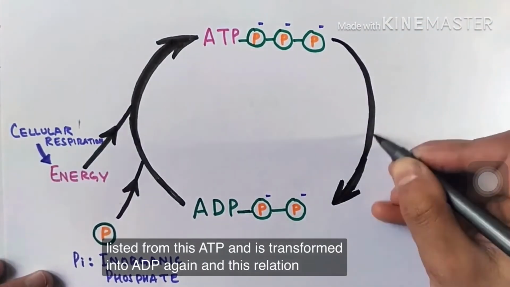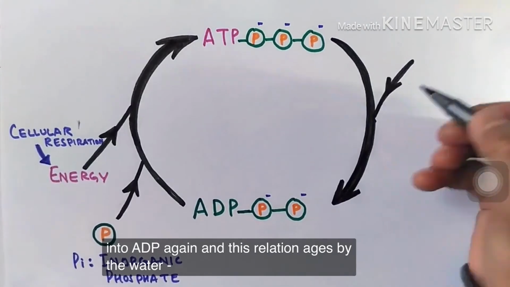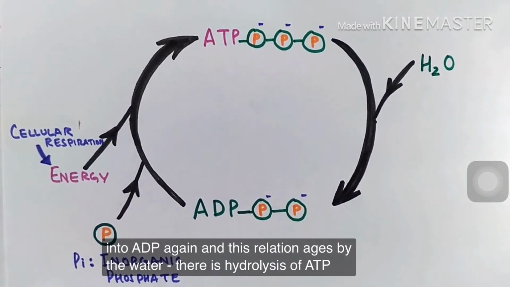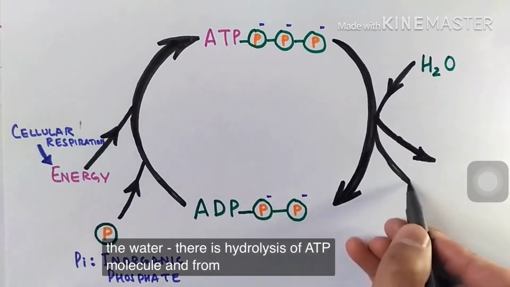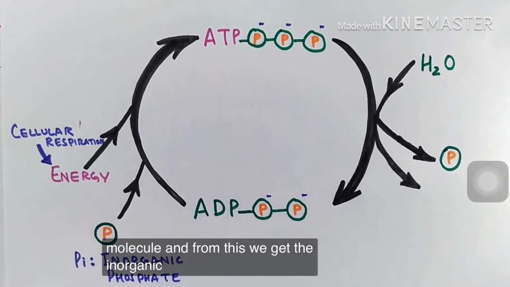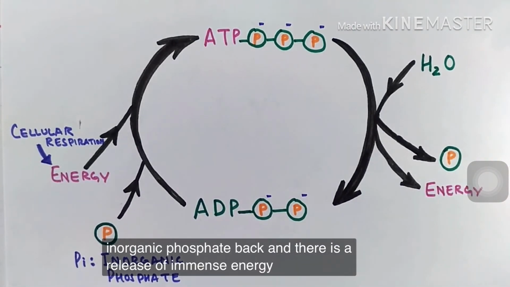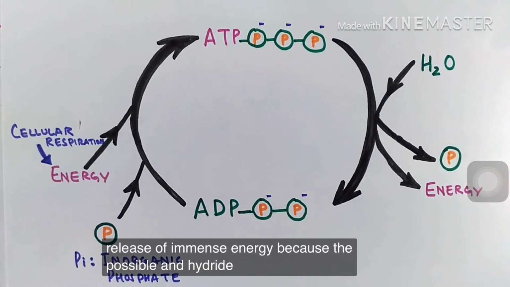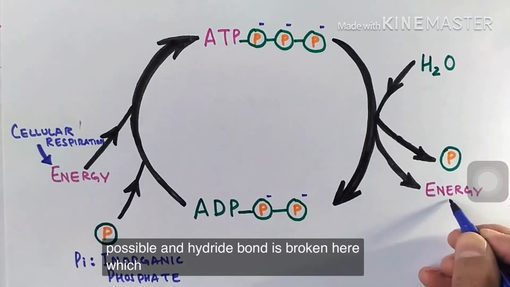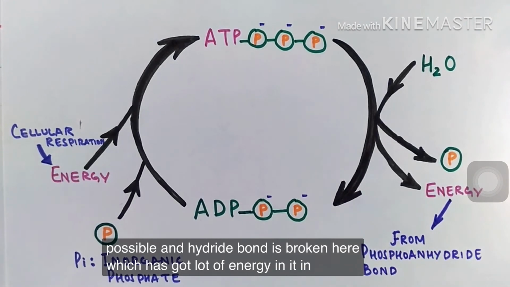This reaction is aided by water, that is, there is hydrolysis of the ATP molecule, and from this we get the inorganic phosphate back, and there is a release of immense energy because the phosphoanhydride bond is broken here, which has a lot of energy in it.